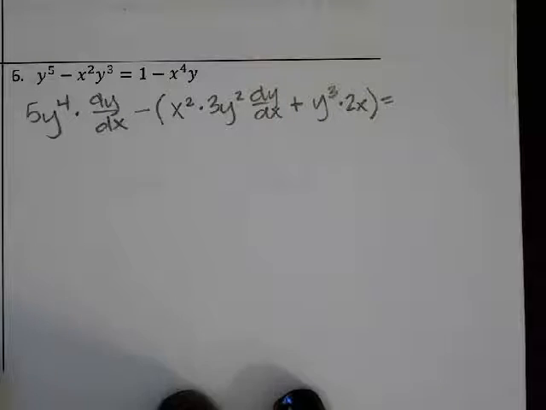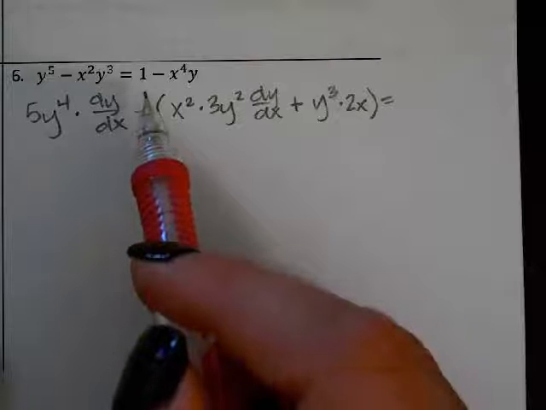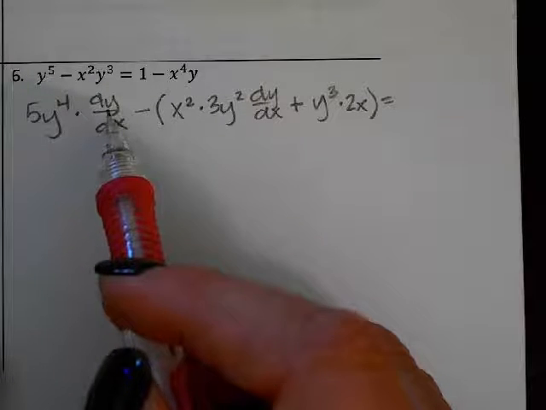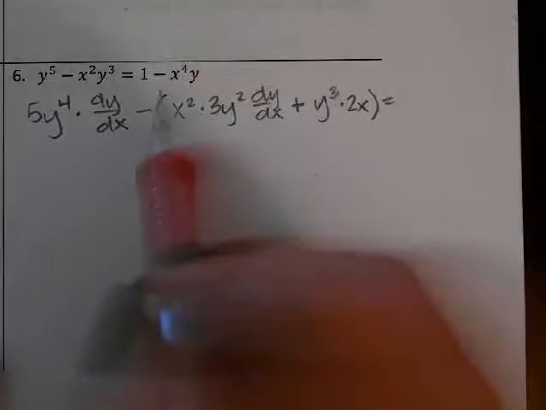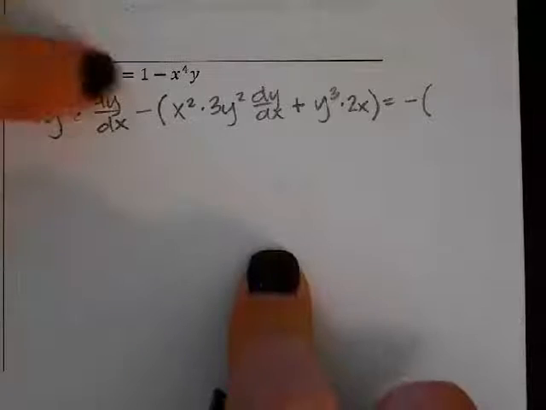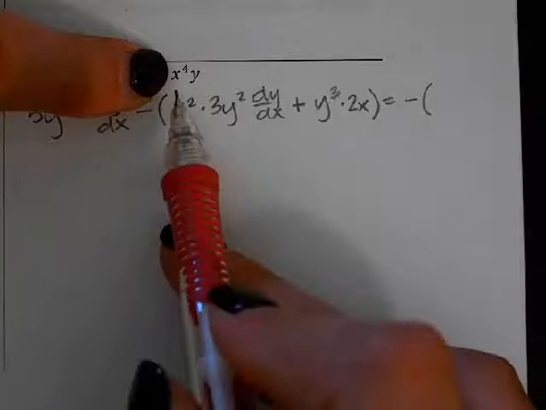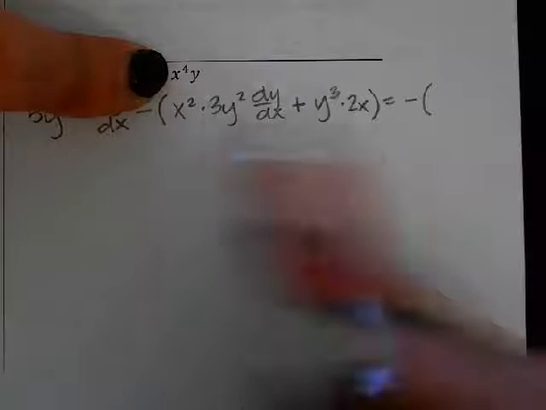All right, and then when I do the derivative of the right side, what is the derivative of 1? 0. And then I've got a negative sign, so I'm going to do the same thing again. I'm going to put this in parentheses, and I'm going to think of this as a product rule where I have a positive x to the 4th multiplied by a positive y.